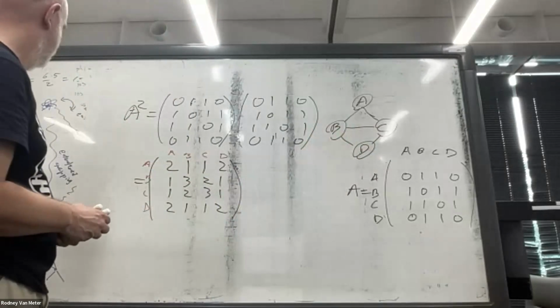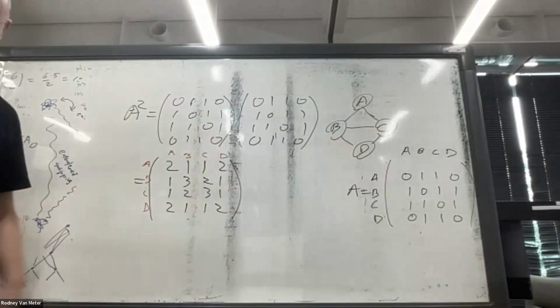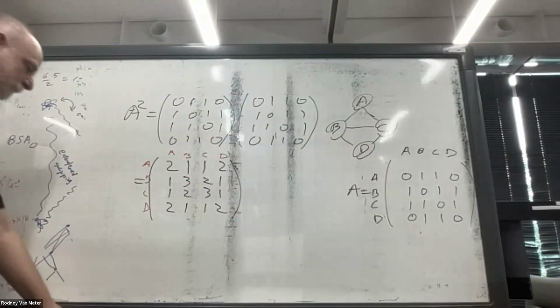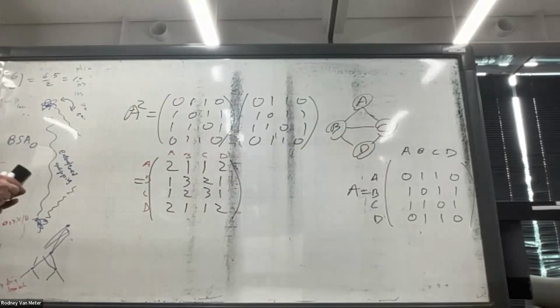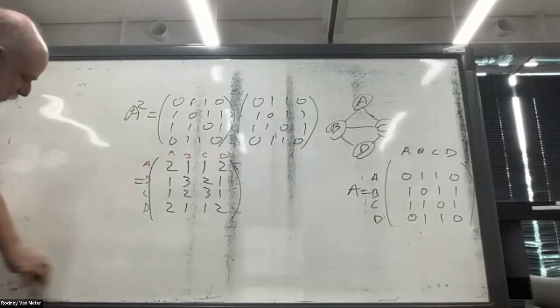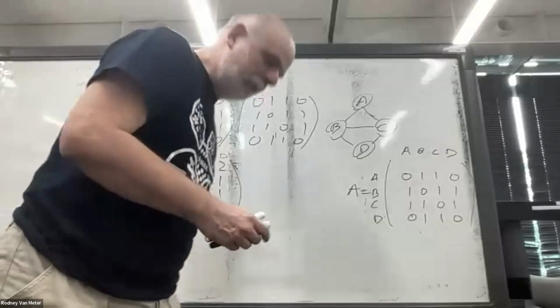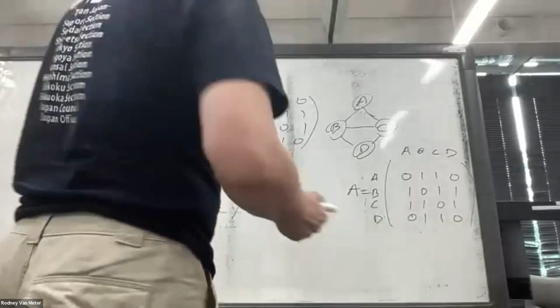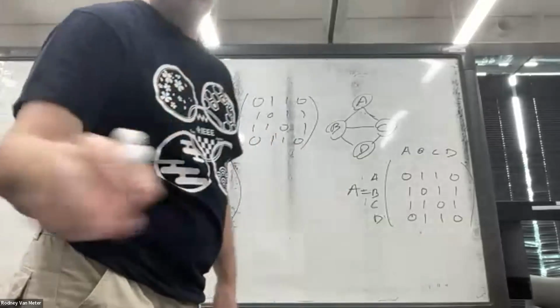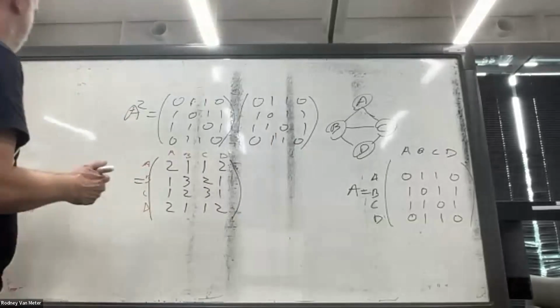Now, one of the things we can do that we haven't yet described, but will come up later when we talk about Markov chains, is how to actually apply this to something that describes your current position.